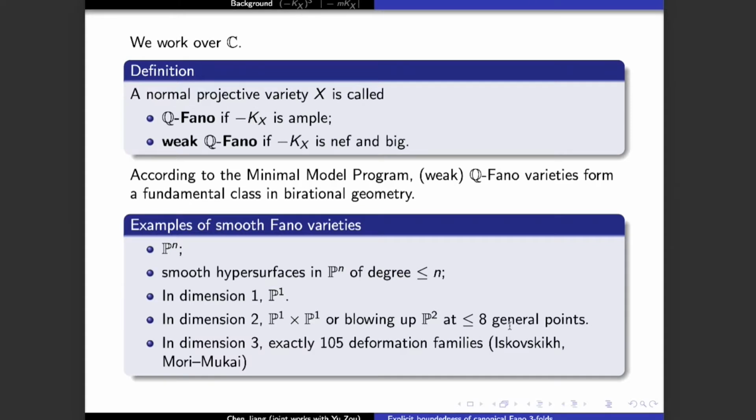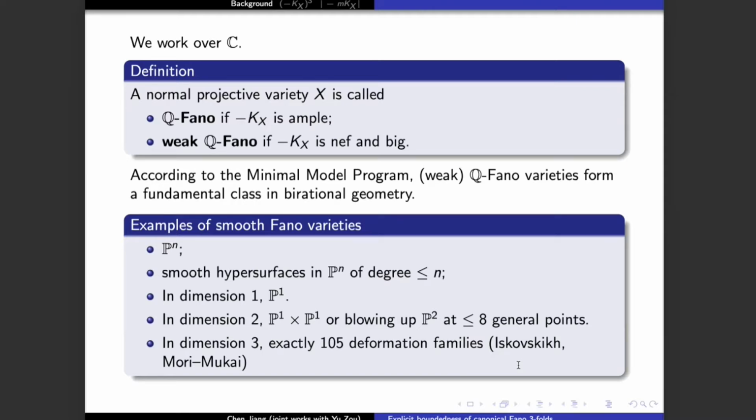And also in dimension 3, it is also classified for smooth Fano varieties. There are exactly 105 deformation classes for smooth Fano threefolds. And this was done by Iskovskikh, Mori and Mukai around 1986 or something.